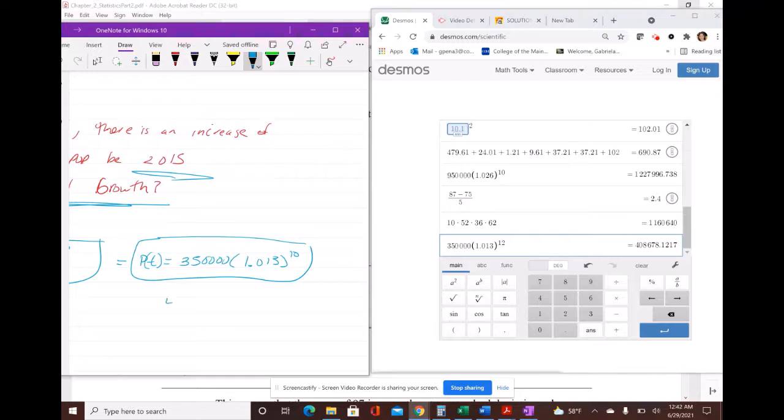So that means there's going to be 408,678.121417. So in 10 years, the population, because we're talking about people, we're not going to round down. We should round up because it's 0.1 and we're talking about people. The answer is going to be this. So it went from 350,000 to 408,679.